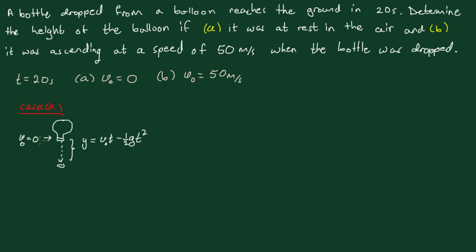But remember, there's an initial height for the bottle, so we have to add plus y0, where y0 is the initial height. That's how high the balloon was when the bottle was dropped.